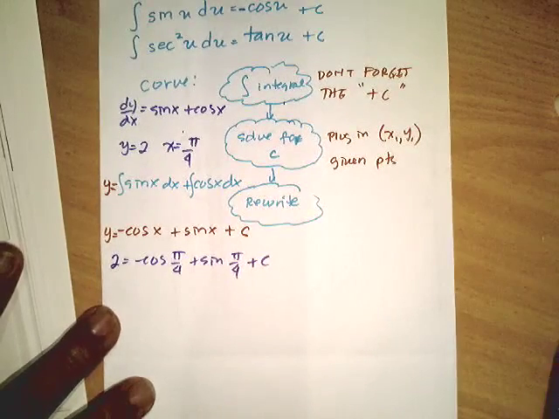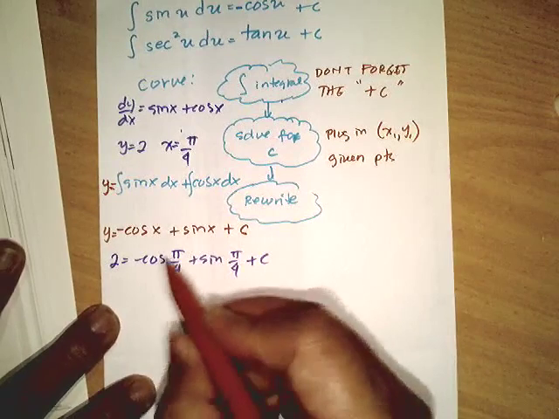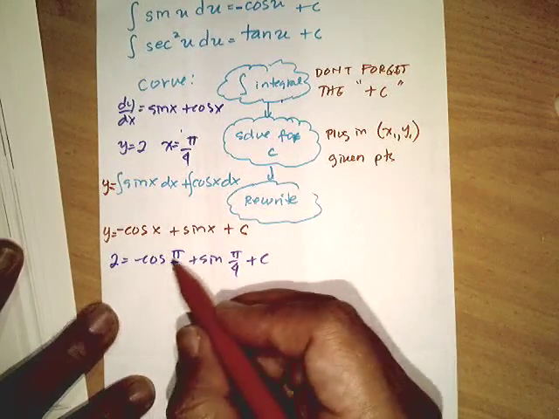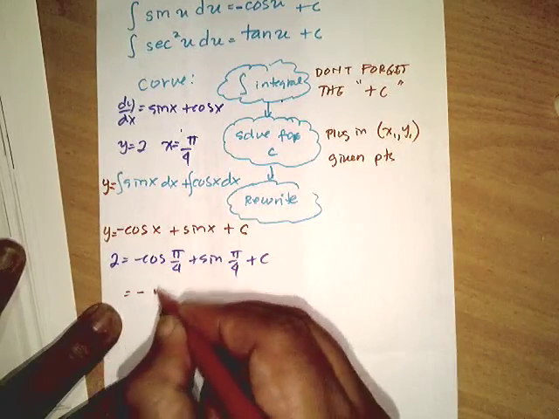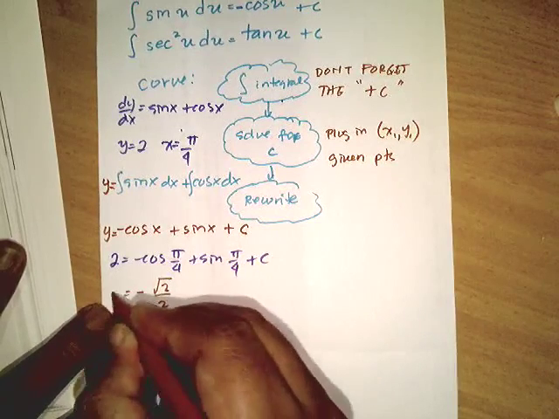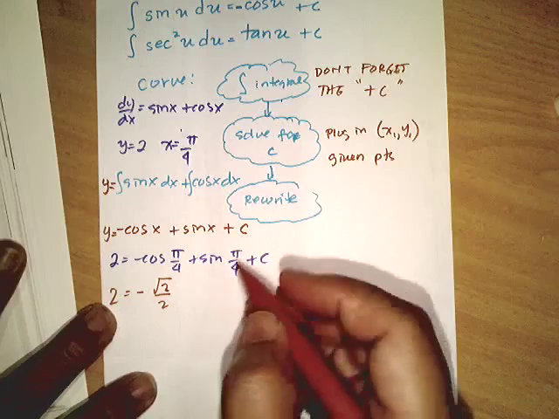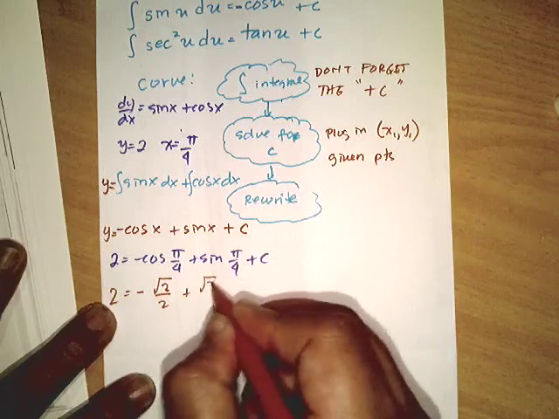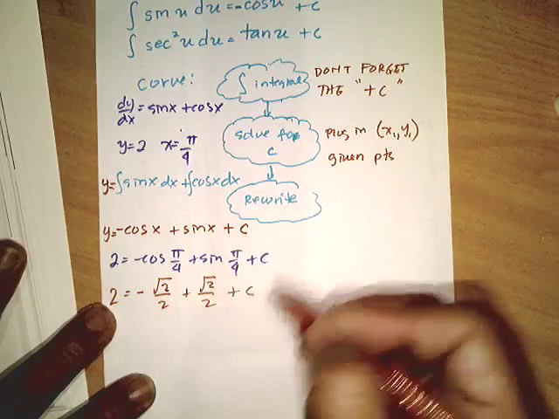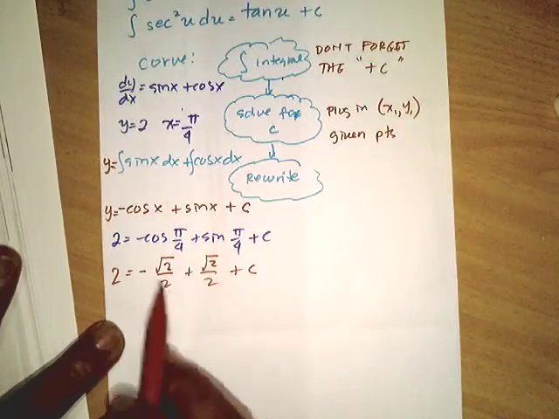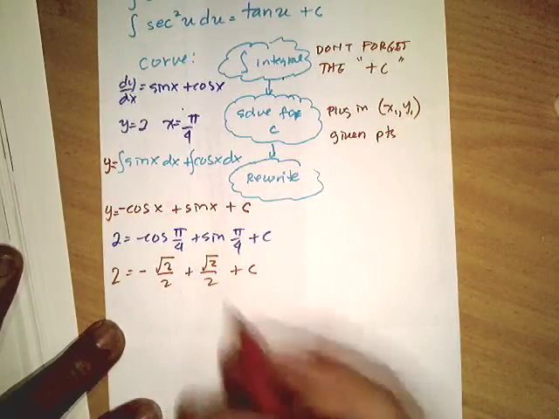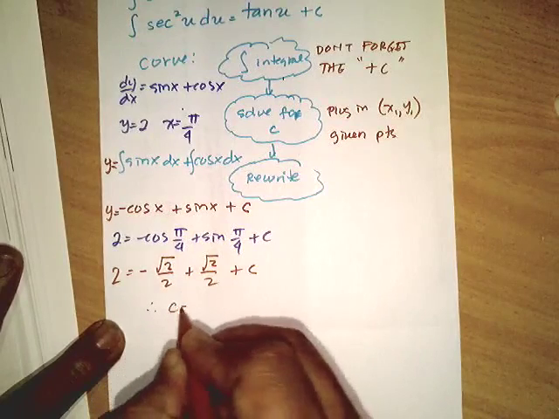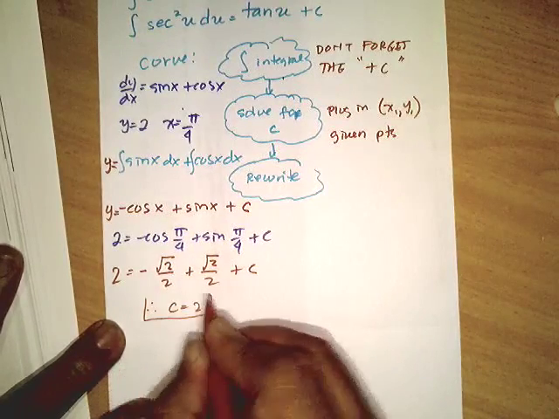Cosine pi over 4 is the square root of 2 over 2, so this is negative square root of 2 over 2, and sine pi over 4 is also square root of 2 over 2, plus c. Negative square root of 2 over 2 plus square root of 2 over 2 is 0. So therefore, c is equal to 2.